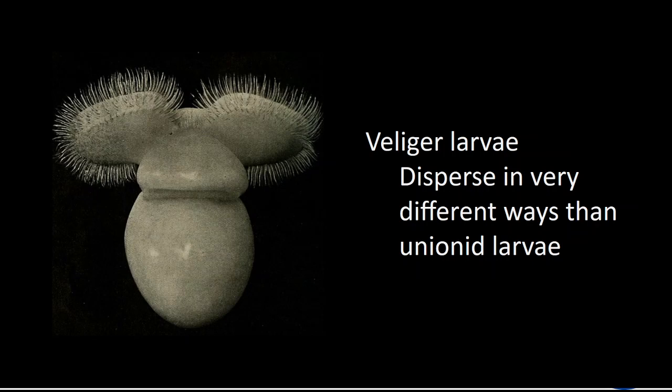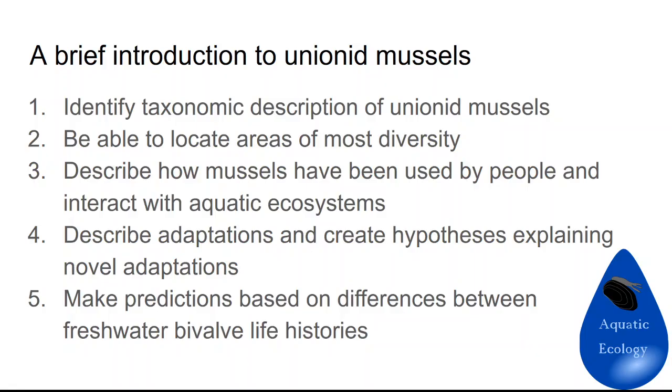Those larvae can swim, but they're subject to the movement of the water. So they're going to move downstream. And as a result, they move in very different ways. They don't need a fish host, but at the same time, it's much harder for them to colonize new areas through that larval stage. At least under natural conditions. So make sure that you're thinking about that.